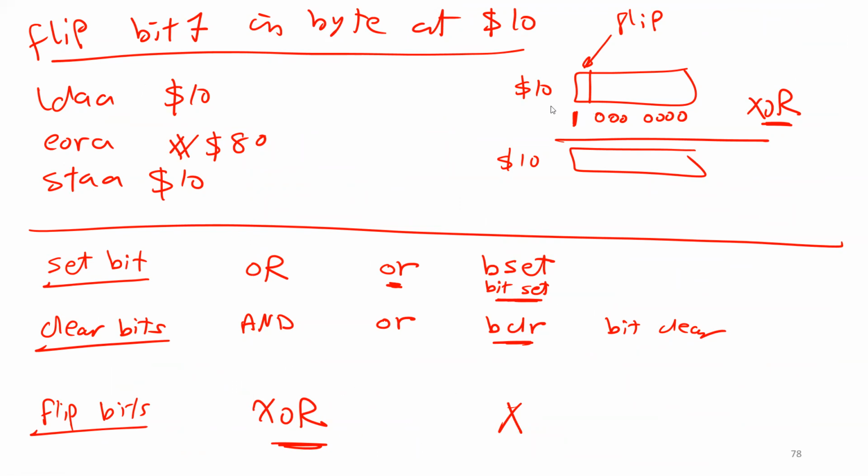So let's do it here with XOR. The example: I want to flip bit number 7 in the byte at location 10. This is the byte at location address 10. I want to flip this bit, and I don't want to change the other bits, no change. Again, I did not invent XOR, I just use XOR. So try to see how XOR is working.